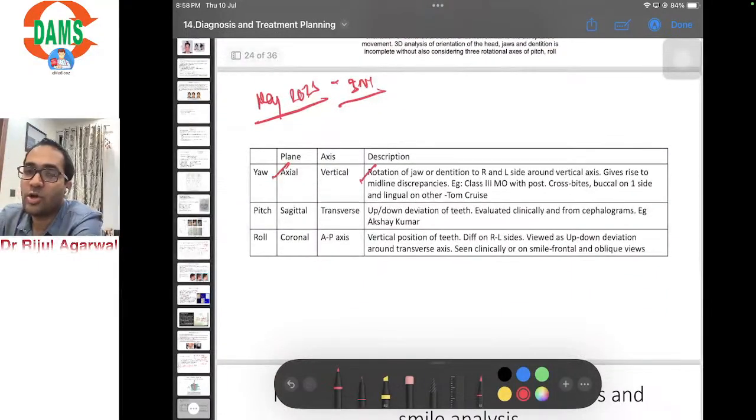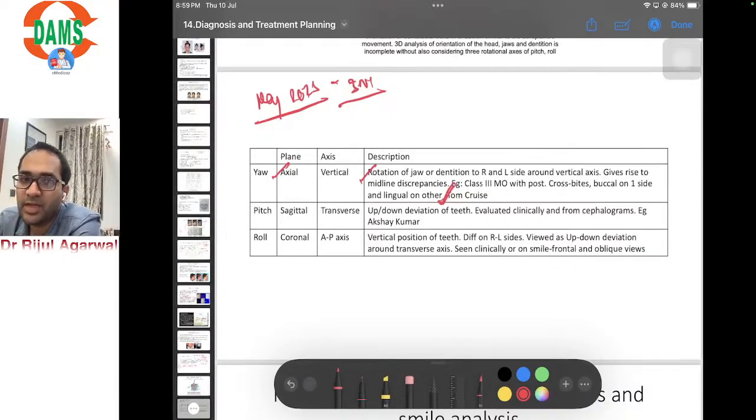So rotation of the jaw dentition to the right and left side around the vertical axis gives rise to midline discrepancies. Example, class 3 malocclusion with posterior crossbite on one side and scissor bite on the other side. The clearest example is the image of Tom Cruise, who has a yaw problem; one side is deviated from the other.